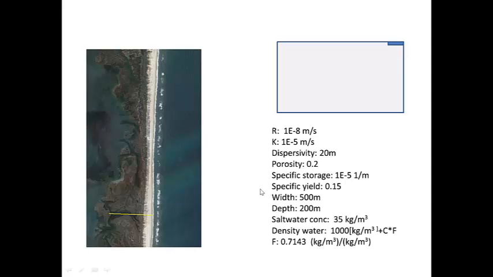So here's how we'll set up our model. This is a blow up of the picture we saw on the previous slide. There's 1 kilometer, and these islands are very long in this dimension, so we can make a cross section along this line, and we'll just simulate the 2D model that is a slice through this island.